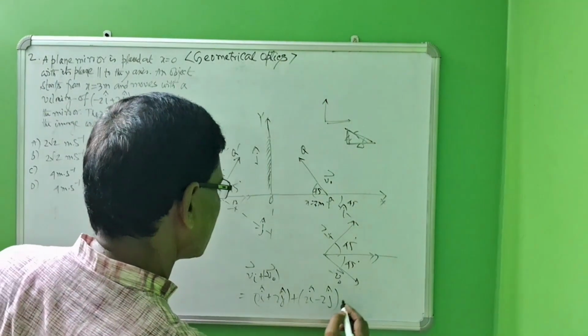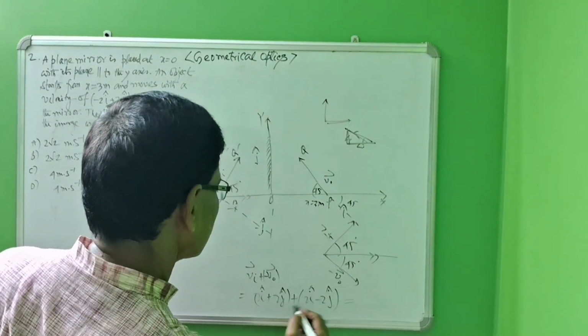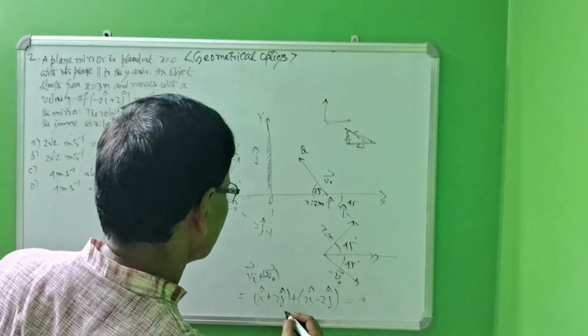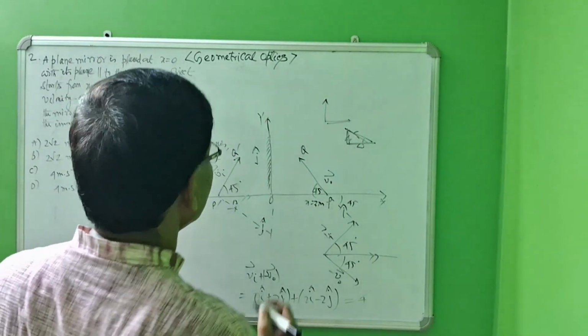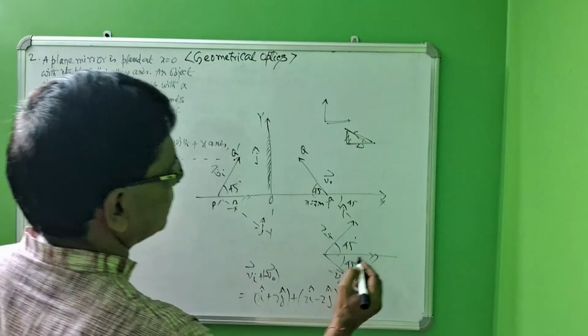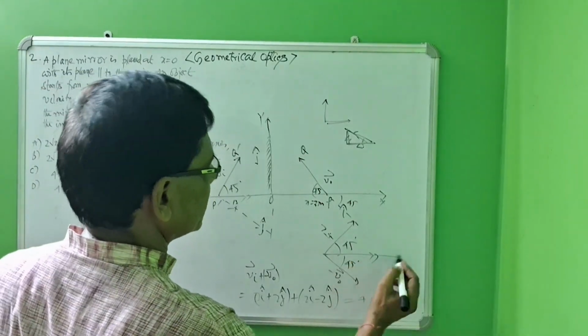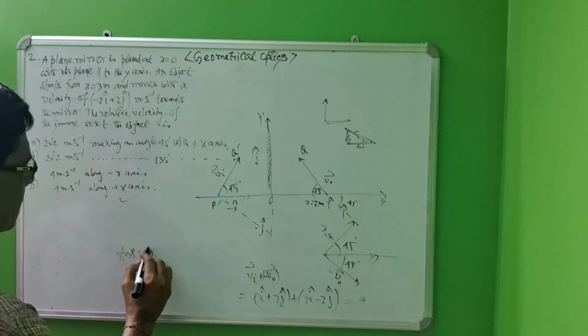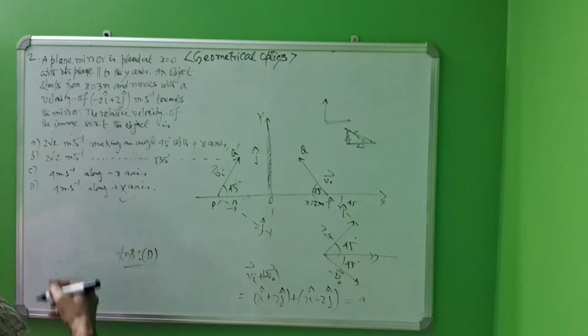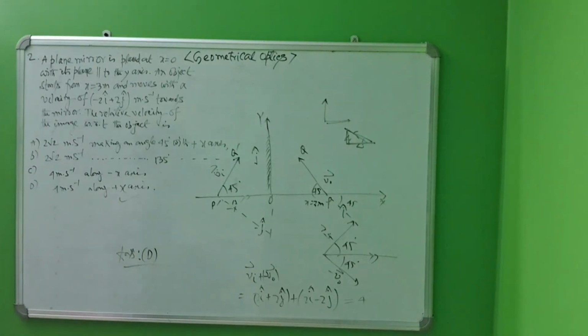So we get 4, and the direction is on the x-axis, so answer D. 4 meter per second along the x-axis.